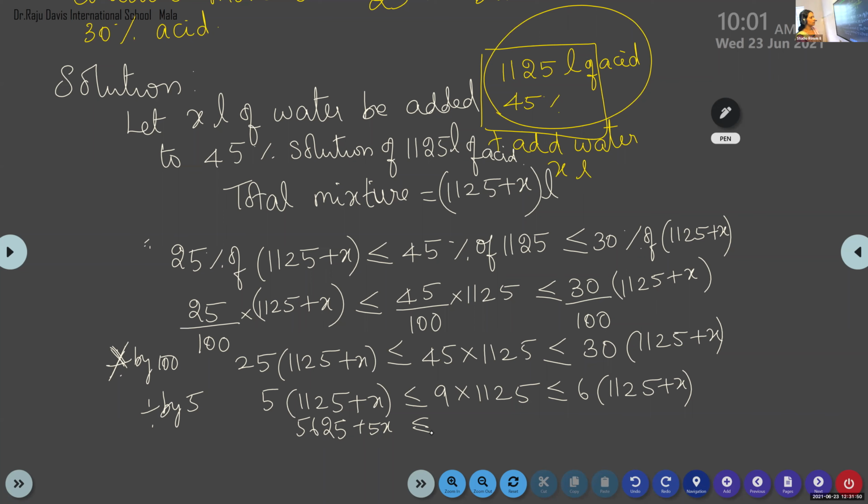What is 9 into 1125? Aparna? Ma'am, 10125. 10125 less than or equal to 6 into 1125 plus x.